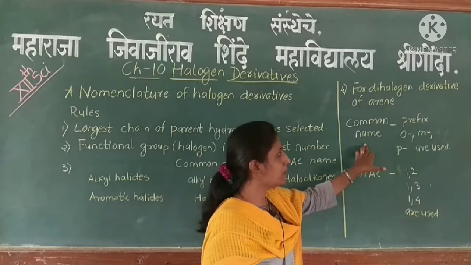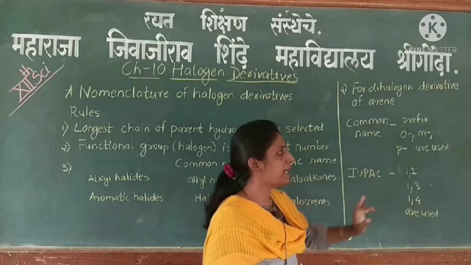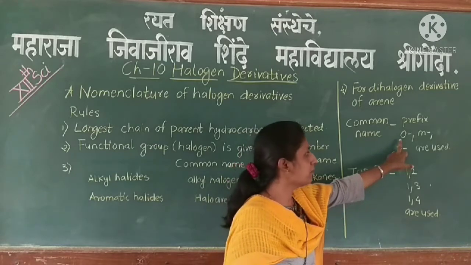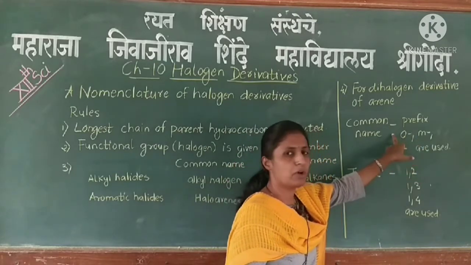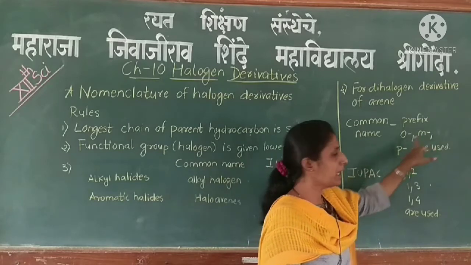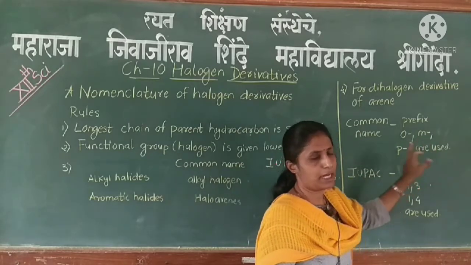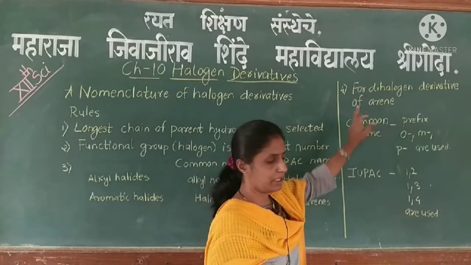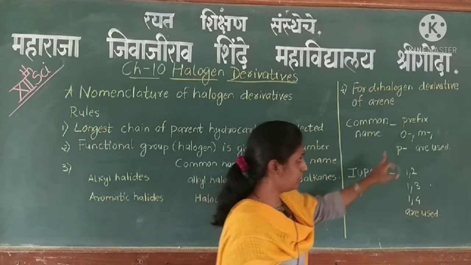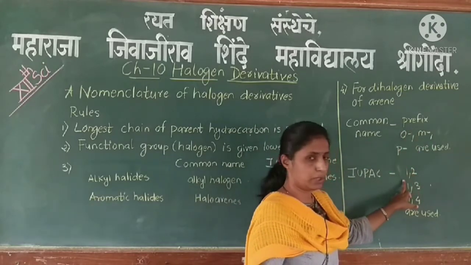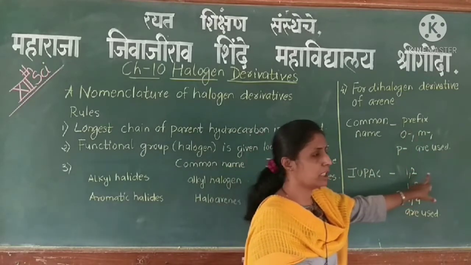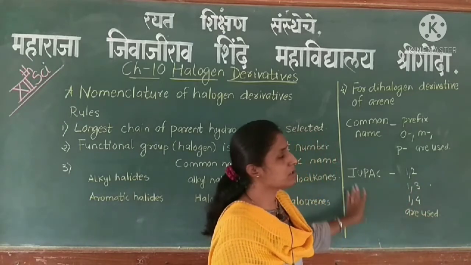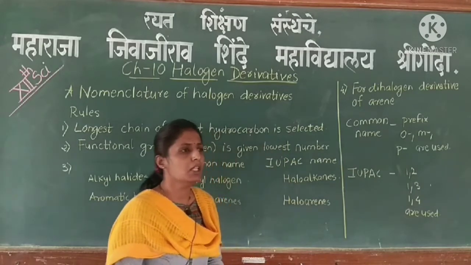In writing the common name, when the halogens are at ortho, meta or para positions, the prefixes o for ortho, m for meta and p for para are used for polyhalogen derivatives of arene. While writing the IUPAC name, you don't write ortho, meta, para. You write the corresponding positions, that is 1,2; 1,3; 1,4 and so on. So this is the difference while writing the IUPAC nomenclature.